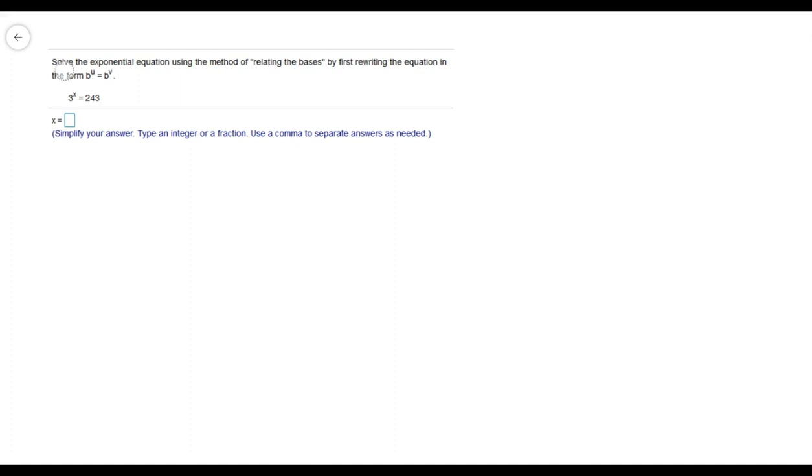The next question says, solve the exponential equation using the method of relating the bases. First, by writing the equation in the form b to the u equals b to the v. Okay, so what those directions are referring to is this property called relating the bases.